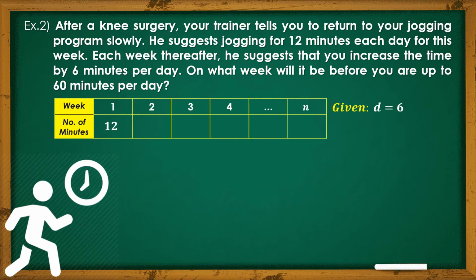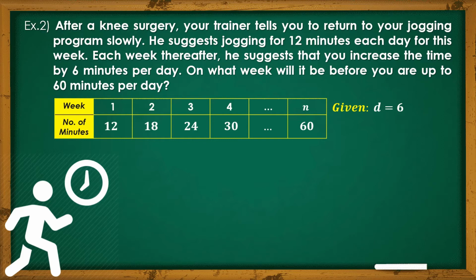Ano pa yung ibang given? We have the common difference 6. Dahil, we will be adding 6 minutes per day. So, 12 plus 6 is 18, plus 6 is 24, plus 6 is 30, and so on and so forth, up to the 60 minutes per day in a week.